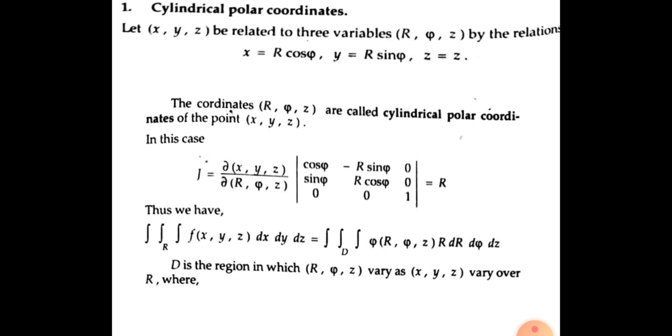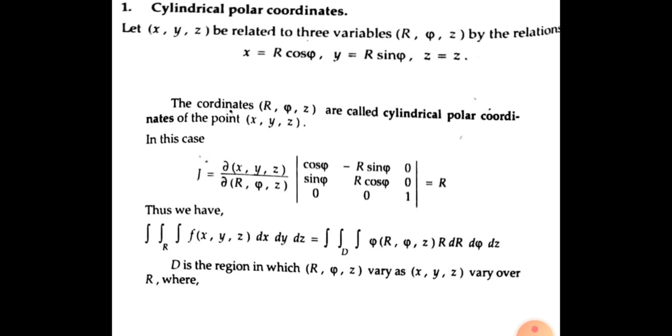It is a determinant whose first row is dou x by dou r, dou x by dou phi, dou x by dou z, that is cos phi, minus r sin phi, 0, and then sin phi.